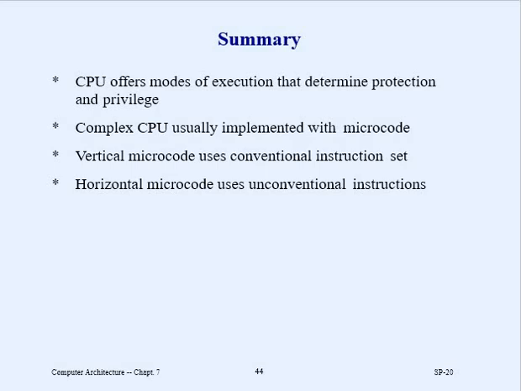So, coming to the final touches of this chapter, we have reached the summary: the CPU offers modes of execution that determine protection and privilege. This we had discussed at the start of the course. To recap, we need protection.